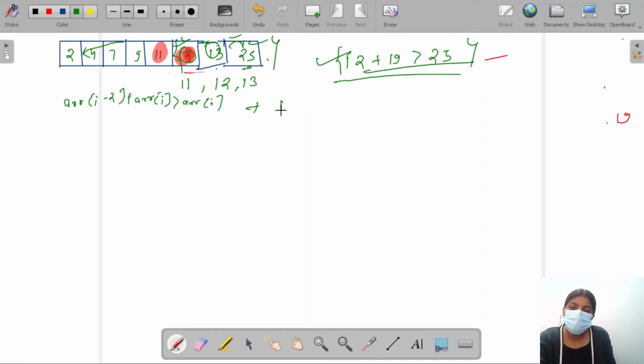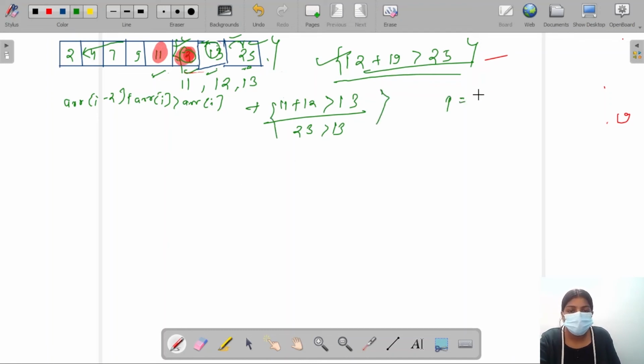Let's see. 11 plus 12 is 23, which is greater than 13. So it means these three sides are going to form a triangle, right? So now I calculate my perimeter. 11 plus 12 plus 13 is equal to 23 plus 13, which is 36. So this is my perimeter.